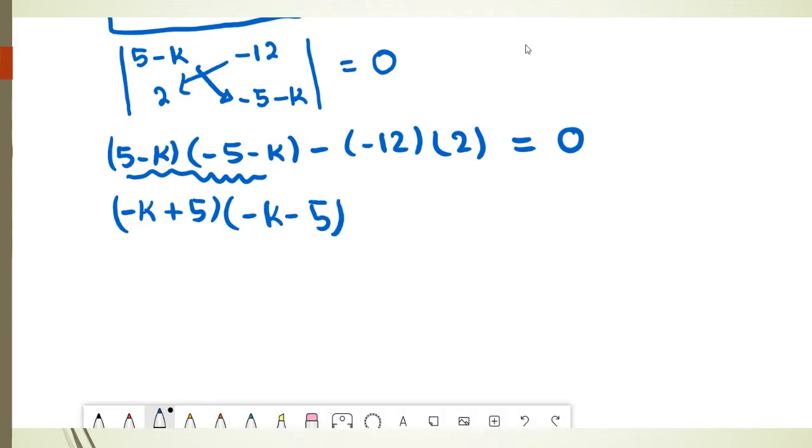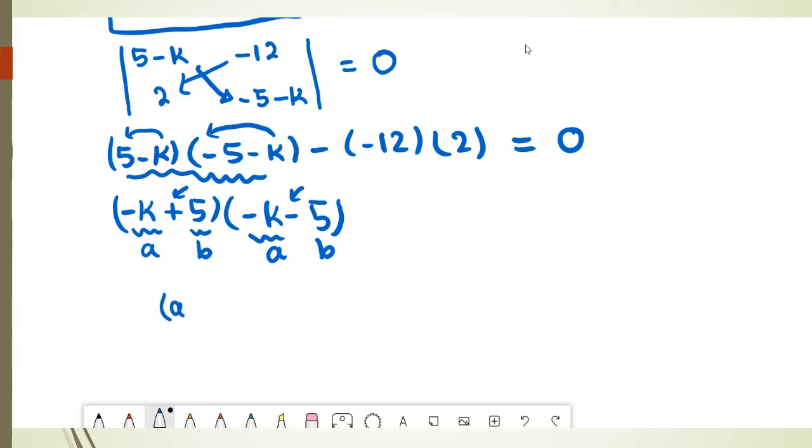We just take the minus k and put it in front of the 5 and the minus 5. Now we have a as minus k, and b is 5, and there is a change in the sign. One time it's positive and one time it's negative.